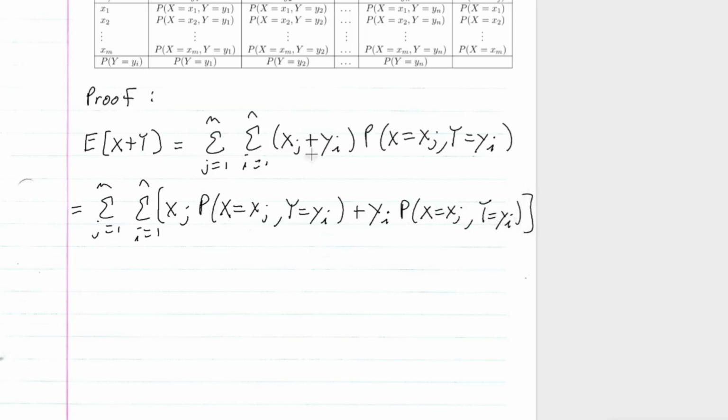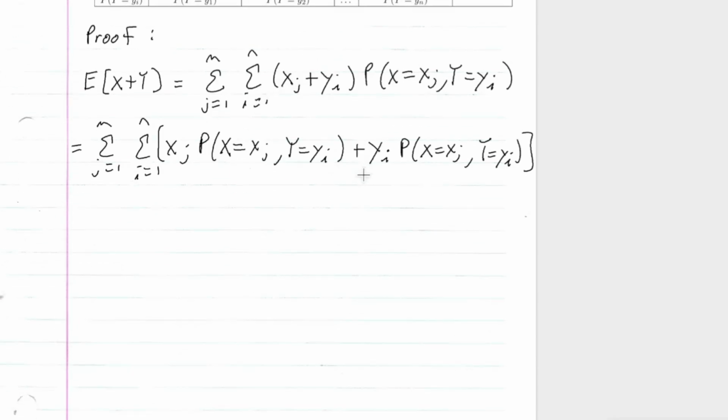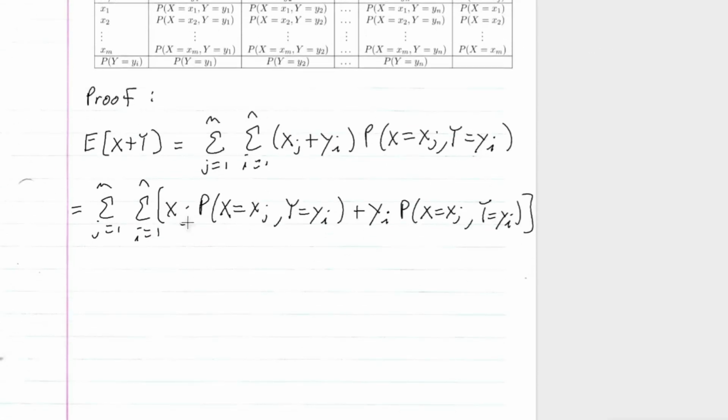I just distributed that. And now, remember, it doesn't matter how I add these together. Since we're just doing the sum of this guy plus this guy, I can just do the sum of this plus the sum of this guy here.